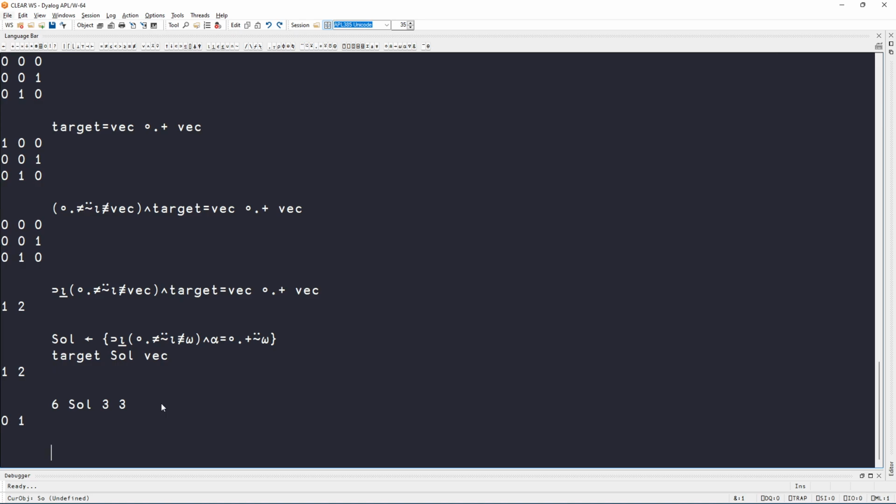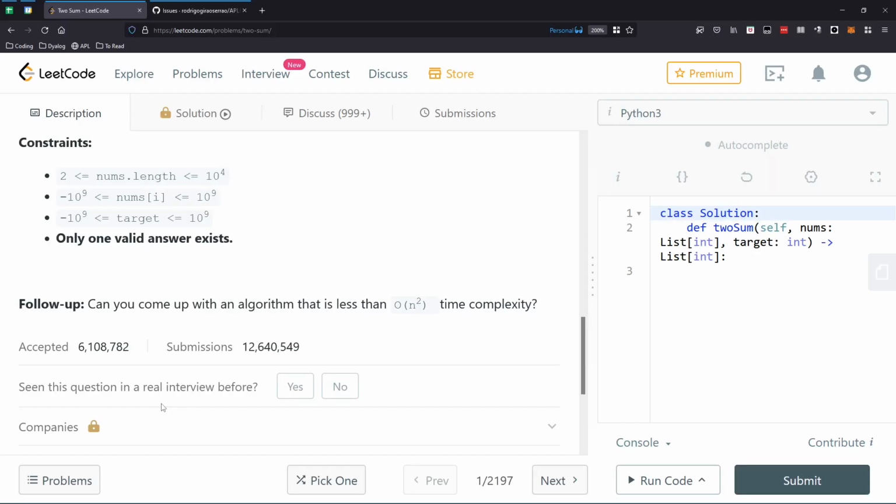How can we make this less than n squared? Oh wow, I have no idea. I mean, I know how to make it twice as efficient.